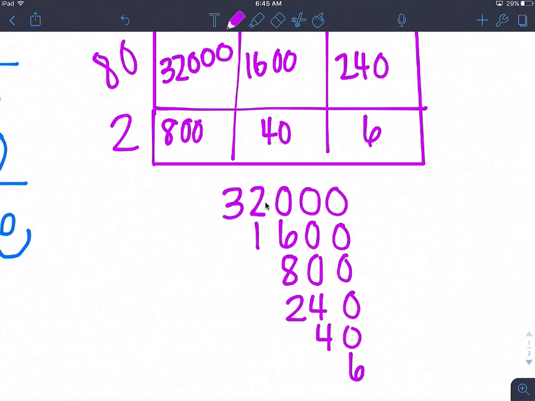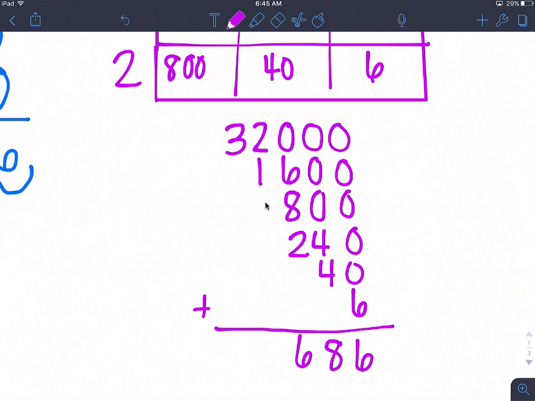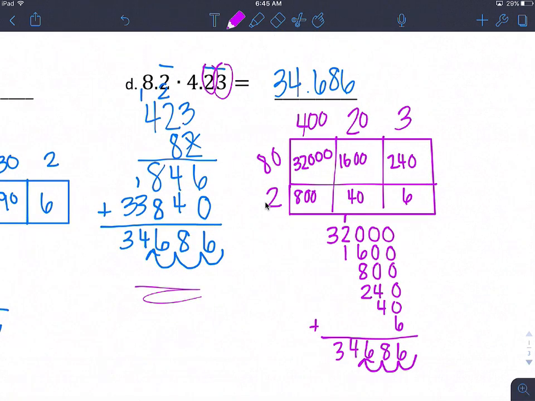And notice I kind of lined it up by size just to keep it a little bit more organized. And now I'm going to add those numbers together. So I have 6, and then 8, 16, carry the 1, 4, and 3. So again, I got those same numbers as I did before, and I'm going to move it 3 times because of my 3 numbers.